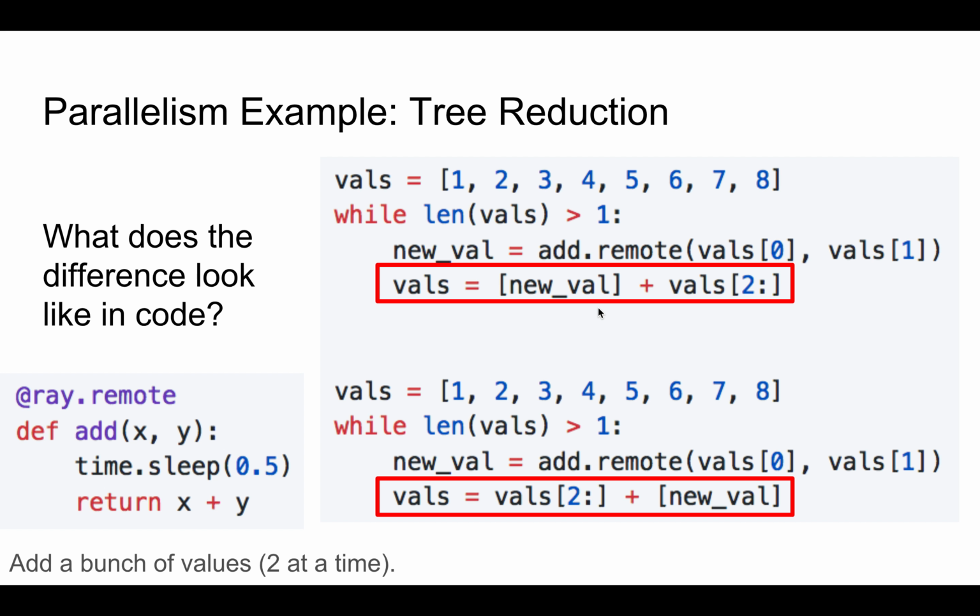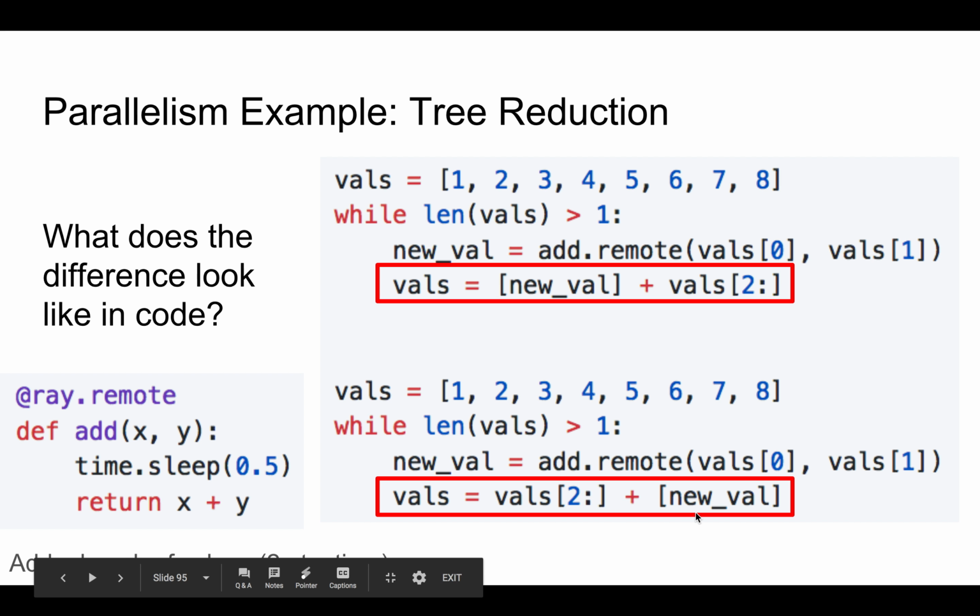The only difference between these two blocks of code is how we're adding the new value. We're either adding it to the front, the same place that we popped off the first two values. That's what's giving rise to the linear reduction. And in the second case, we are appending it to the back of the list. So we're popping from the front, aggregating, and appending it to the back of the list.